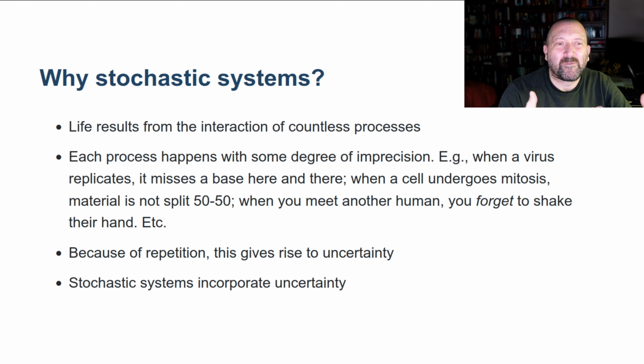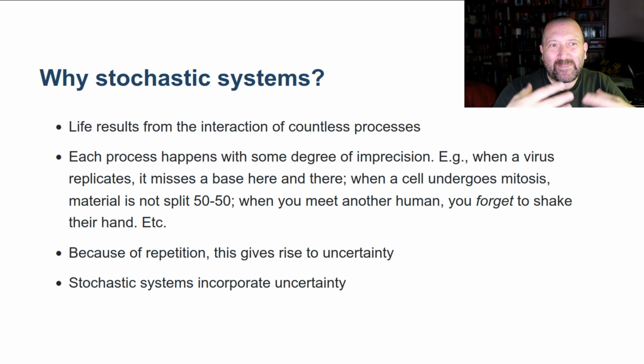If you think about what life is, well, it's the interaction of an enormous number of processes. I was talking the other day in a previous lecture about how mobility is difficult to apprehend because of the scale at which it happens.